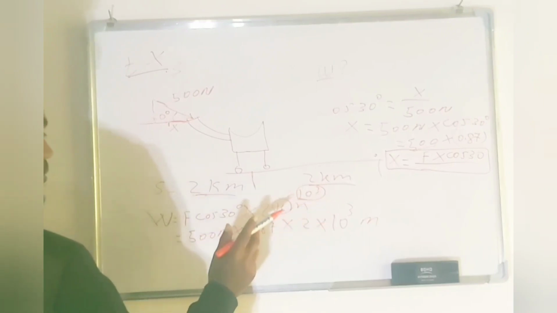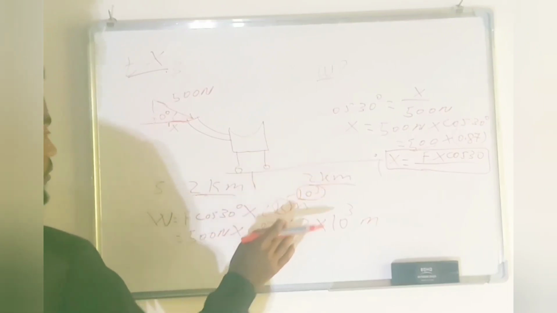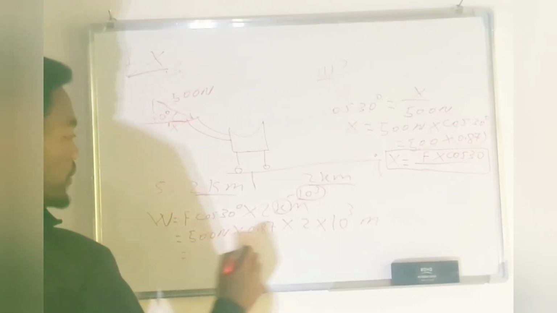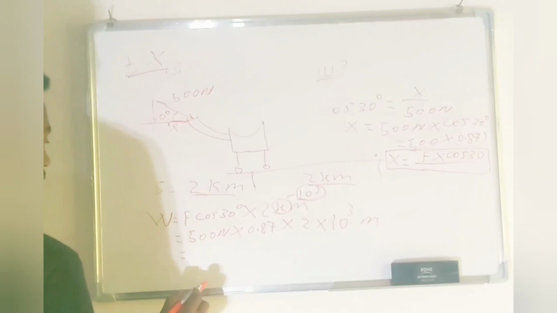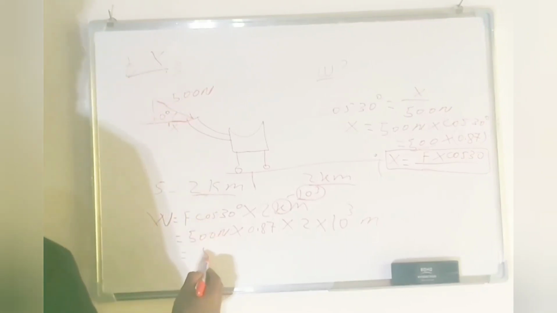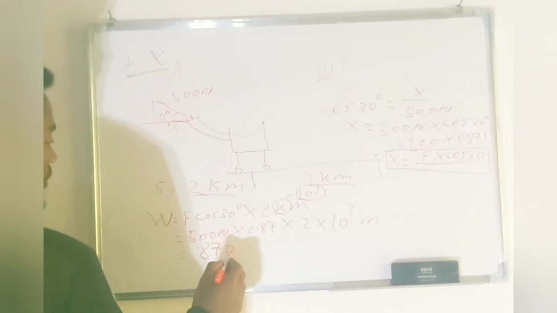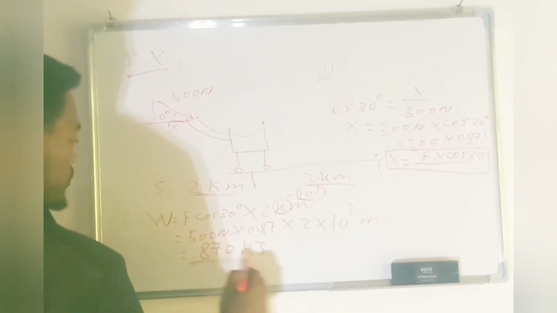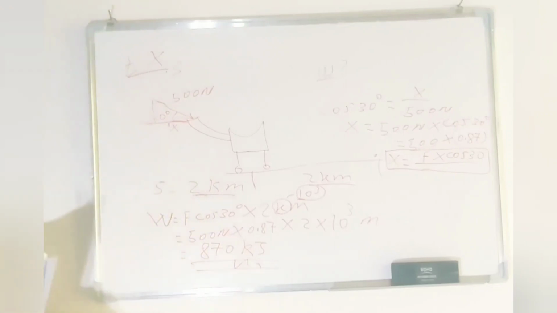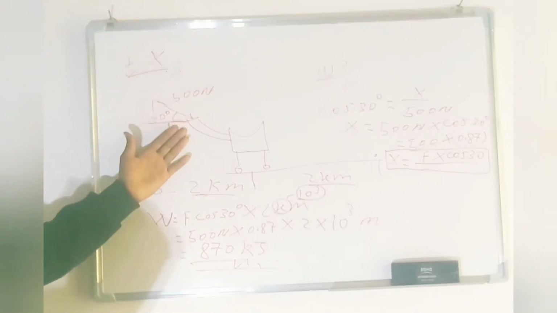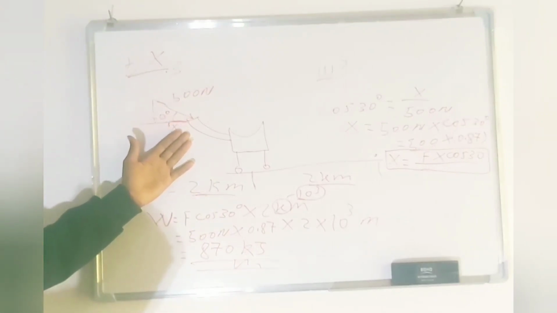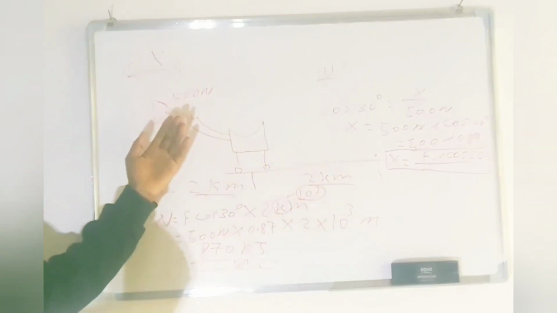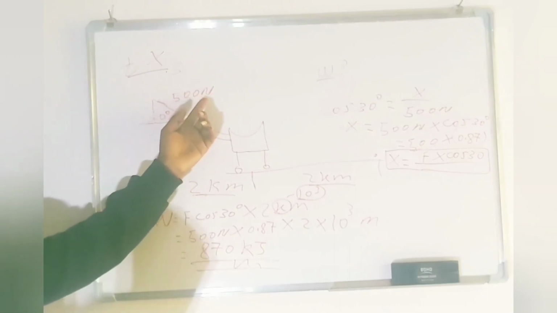Meter is the SI unit of our distance. So finally, we can have around 870 kilojoule. This is the answer for our work done on this shopping cart. This shopping cart traveled 2 kilometers by 500 Newton.